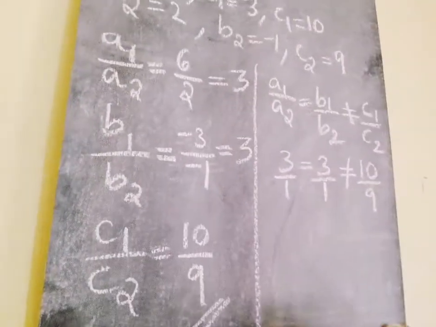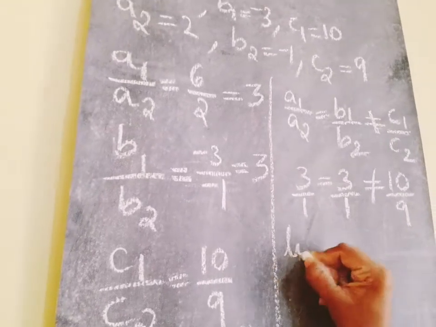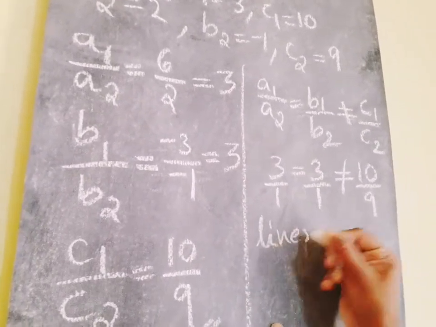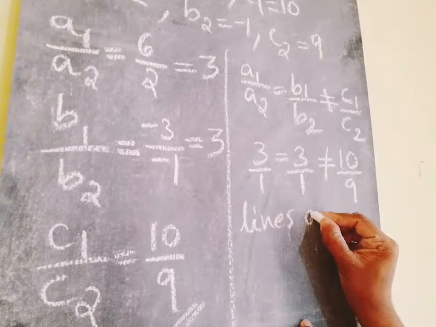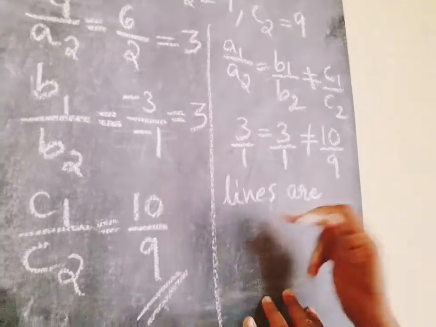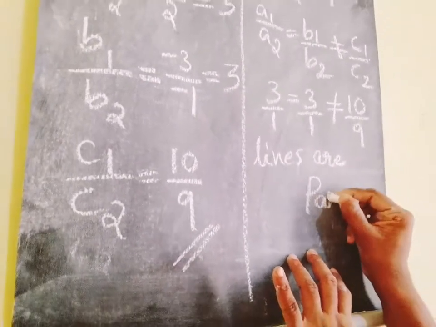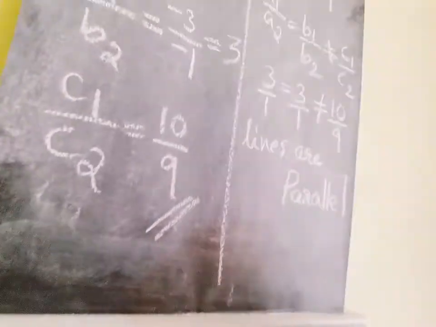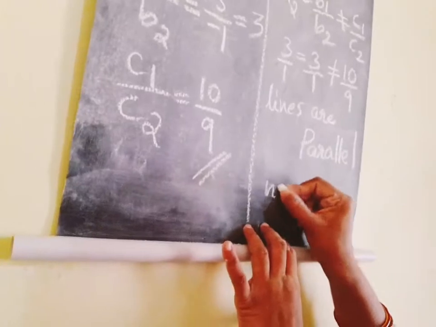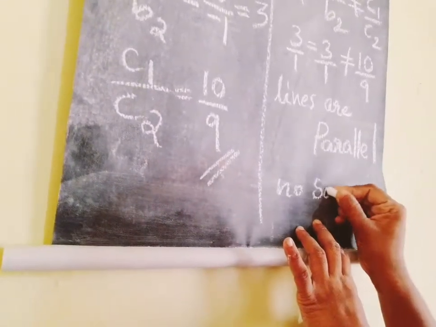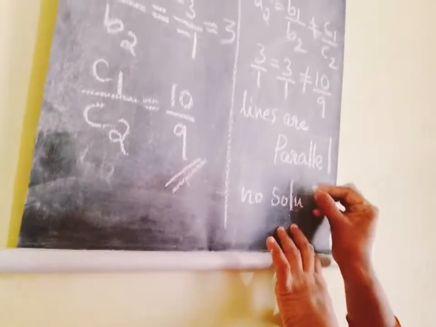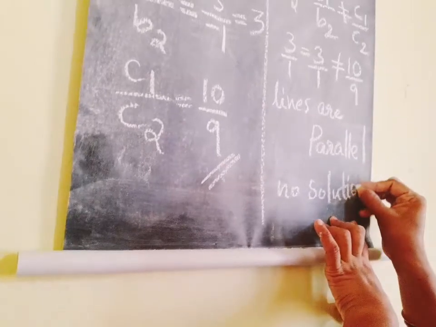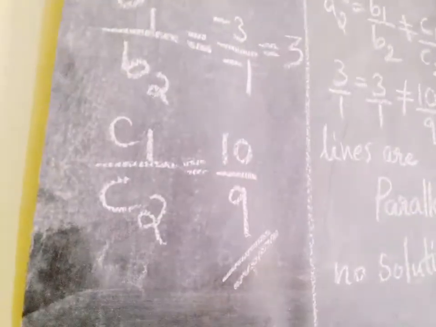So let's conclude our answer. Don't forget to note down the conclusion: the lines are parallel. If the lines are parallel, there is no solution. So we discussed our three cases.